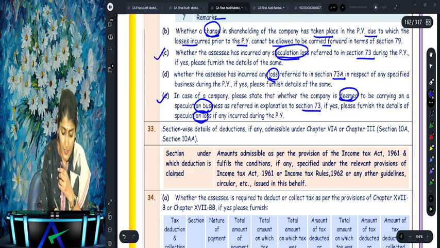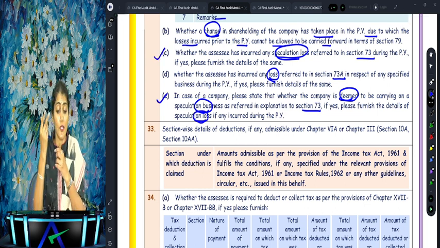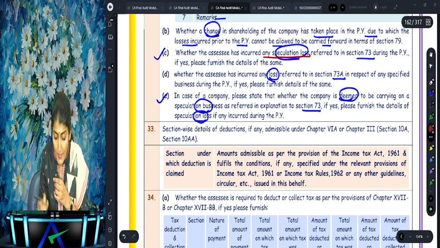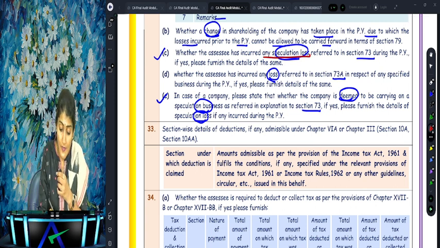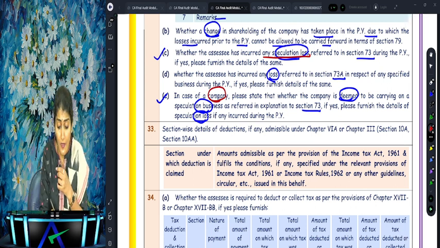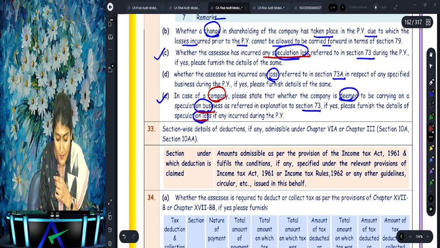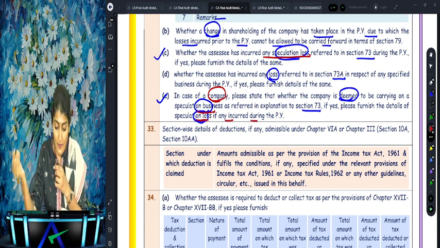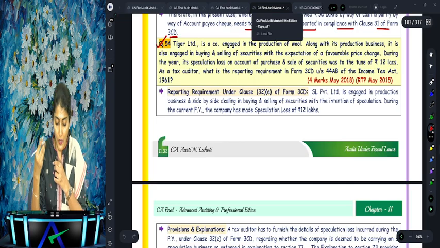So C and E are both regarding the speculation loss only. But here it simply says whether the assessee has incurred any speculation loss. And here it says in case it's a company, first tell us whether the company is deemed to be carrying on the speculation business, and then what is the amount of the speculation loss which has been incurred during the previous year, right? So again, we have a question for this one, right?